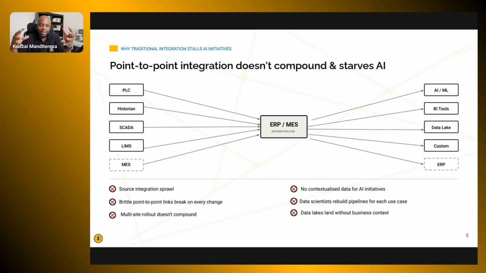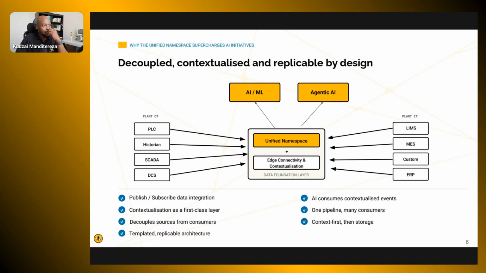IT teams in many cases are not the right people to contextualize OT data, because they don't live in the process. They don't know what good looks like on the plant floor. The meaning that AI needs ends up being added wrongly, or sometimes it's not added at all. So that gives you an overview of the challenges that many companies are running into as they follow this traditional approach to data integration.